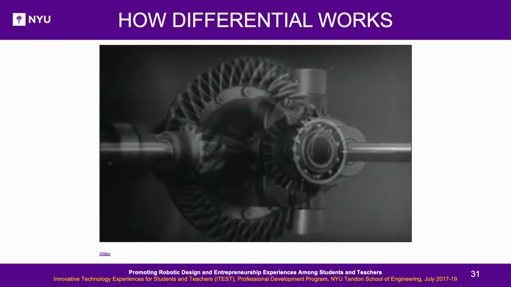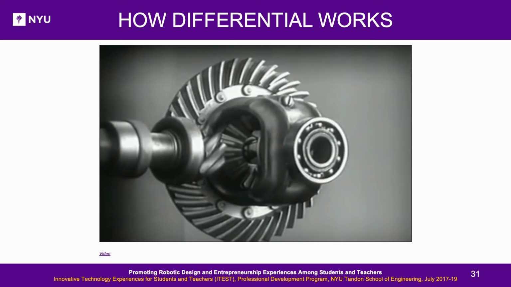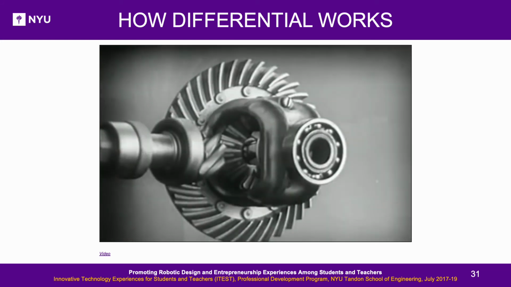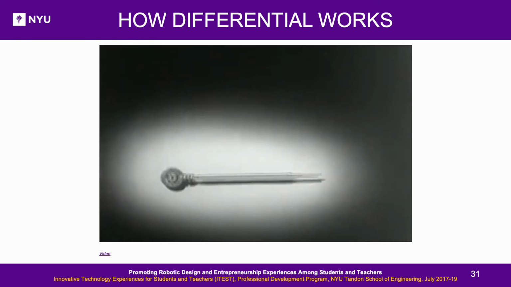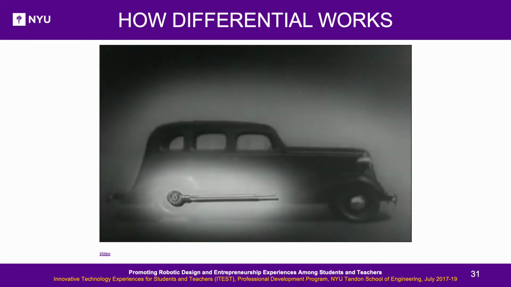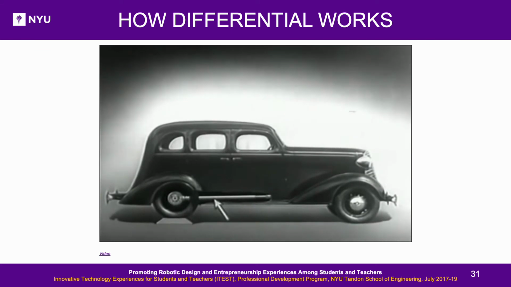We can make our model more compact by moving the gears closer together. When we put our differential in an automobile, we have to leave room for the drive shaft, which carries the power from the engine. We may build the floor of the car above the drive shaft.